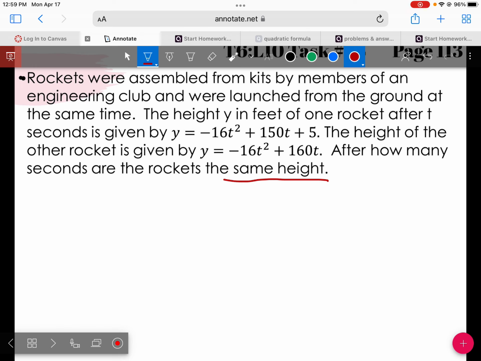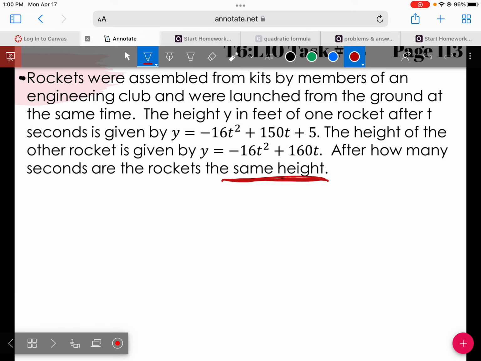So if one equals 0 and the other one equals 0, logically, what else could we say? So that's showing that they were at the same height of 0. Well, now they're not a height of 0, but they are at the same height. So I should be able to set one equal to the other, right?